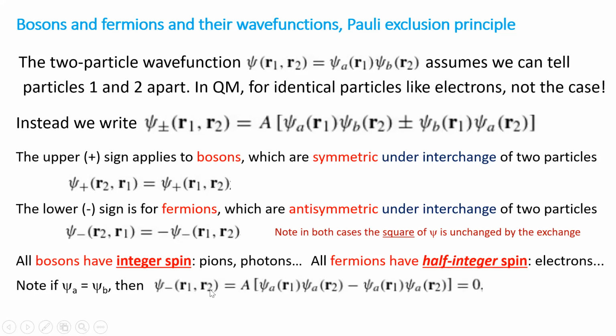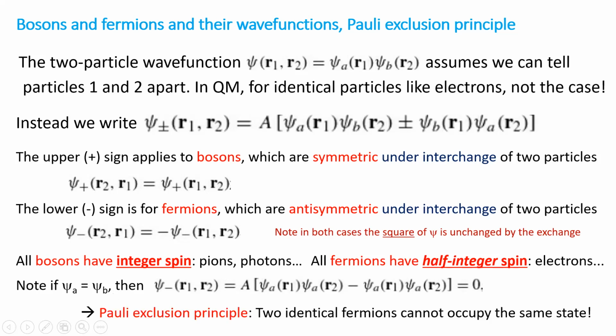So that's impossible. So that means it's not possible for fermions to be in the same state, to both share the same state. And that leads to something you might have heard of in chemistry or perhaps another physics course, the Pauli exclusion principle, where two identical fermions cannot occupy the same state. So two electrons cannot occupy the same quantum state, since they're both fermions.